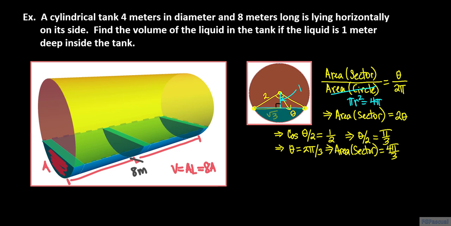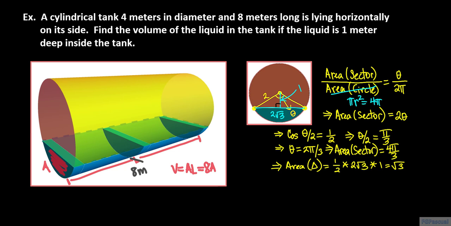And the base of the isosceles triangle must be 2 times the square root of 3. Hence, the area of the isosceles triangle is half the base, which is 2 times the square root of 3, times the height, which is 1. Therefore, the area of the isosceles triangle is equal to the square root of 3 square meters.